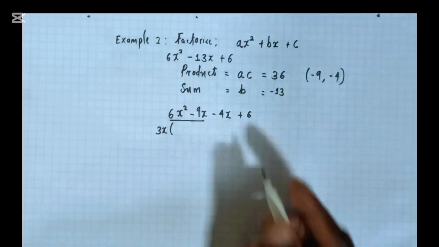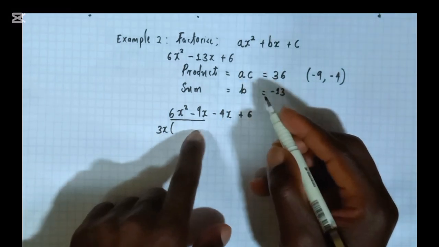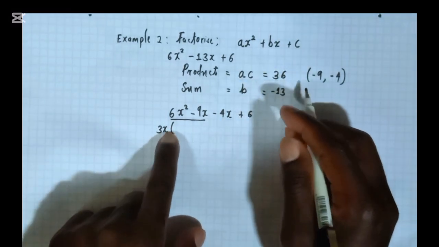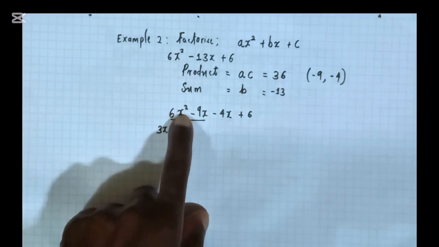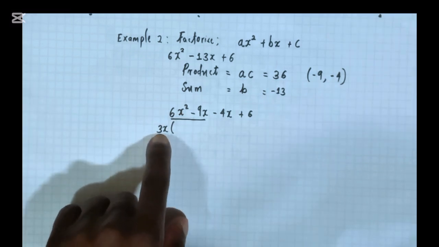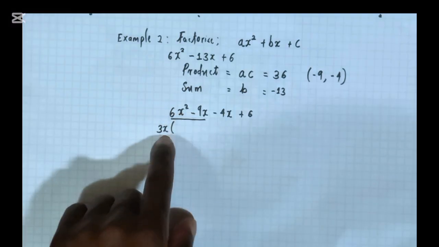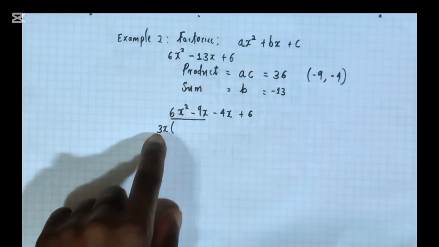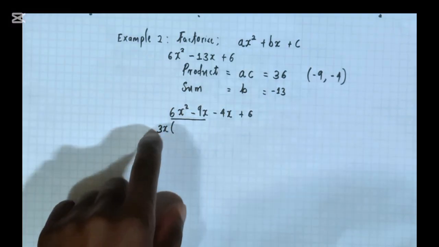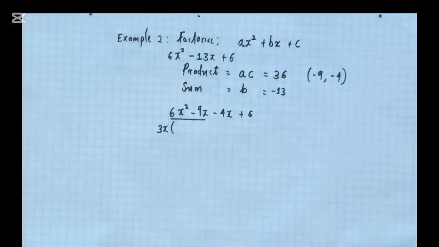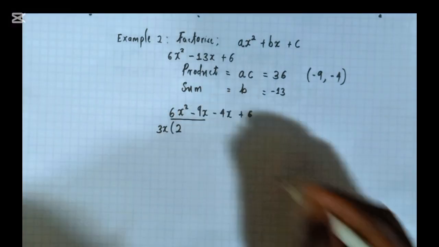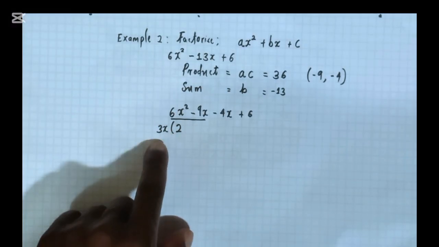So for us to find the term that we're going to have after the bracket, we have to take 6x squared divided by 3x. So the coefficients will divide each other. That will be 6 divided by 3, giving us 2.